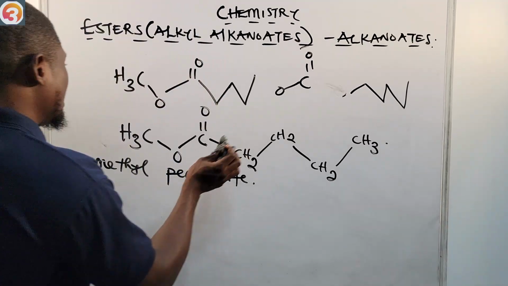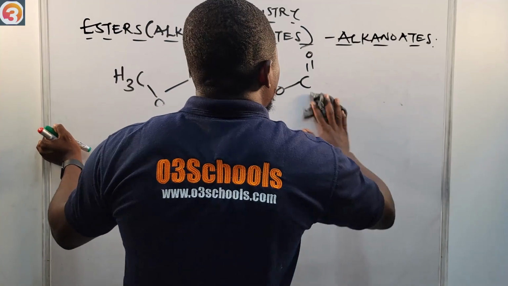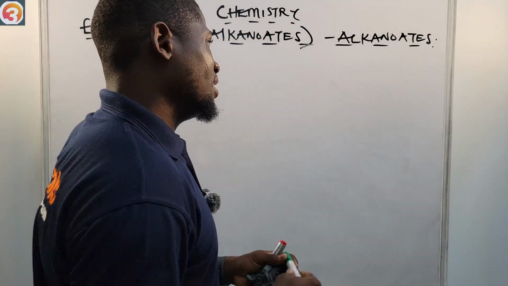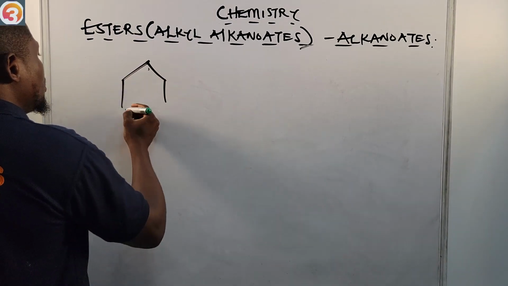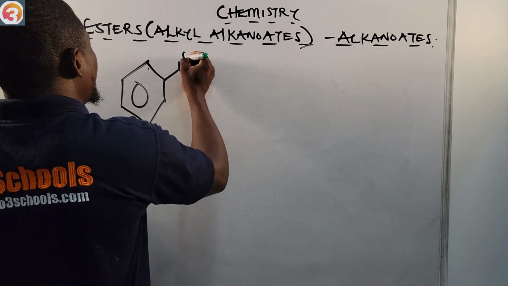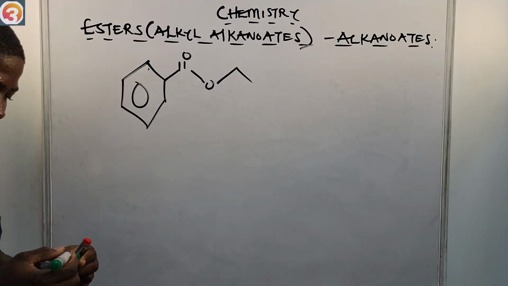Now let us look at the final example, and we are done with this class. In the next episode, we'll continue our study of esters. This is a very simple one. Let's say we have a benzene ring attached. Now I have a bond to O, then I have your O. Let's say we have something like this.